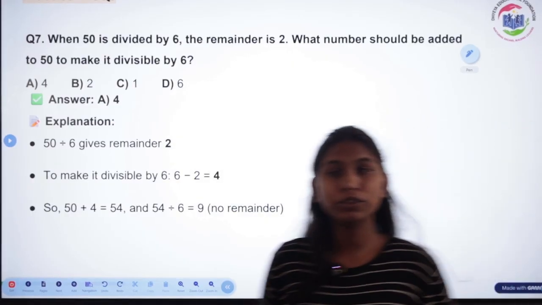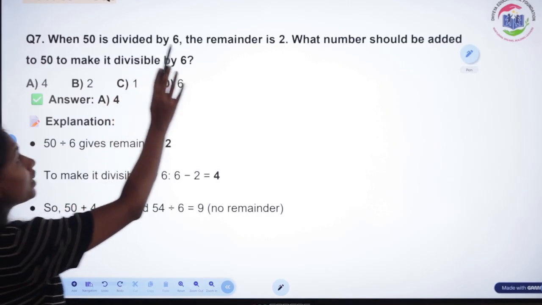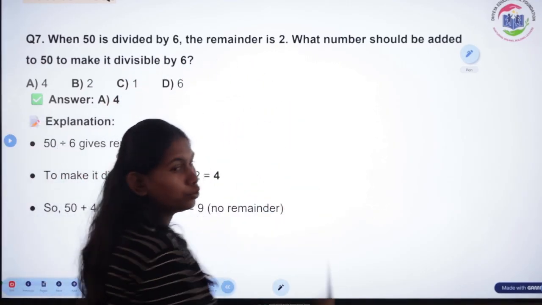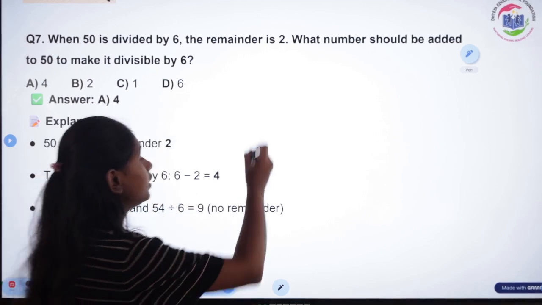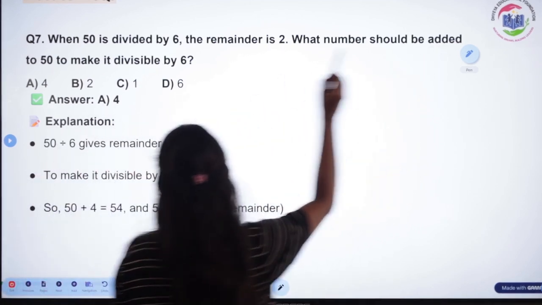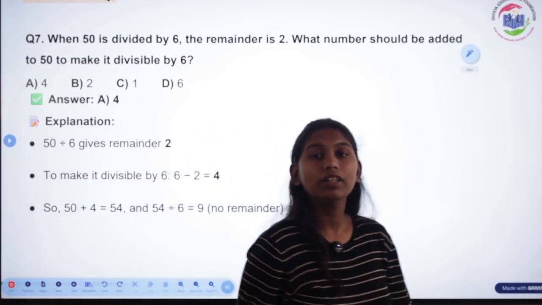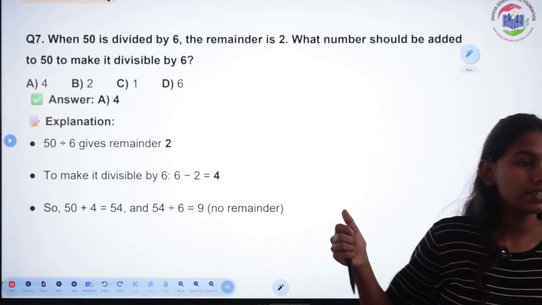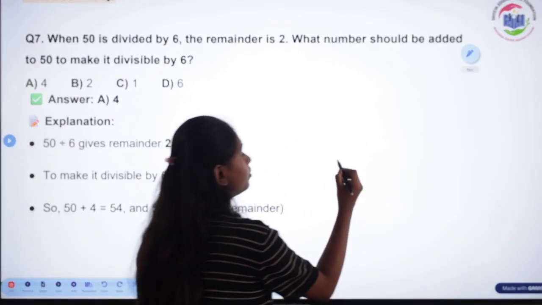Okay, our next question is, when 50 is divided by 6, the remainder is 2. What number should be added to 50 to make it divisible by 6? It means that when you divide the number 50 by 6, the remainder is 2.